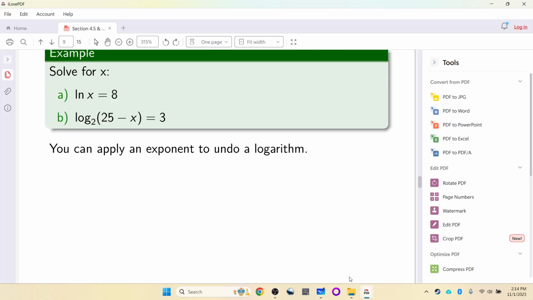So, let's see, what about this one? There's log base 2 of 25 minus x equals 3. We do the same thing, but in this case, since the base is 2, we will write a 2 underneath it. That'll be the base of our exponent. So log base 2 of 25 minus x equals 3.